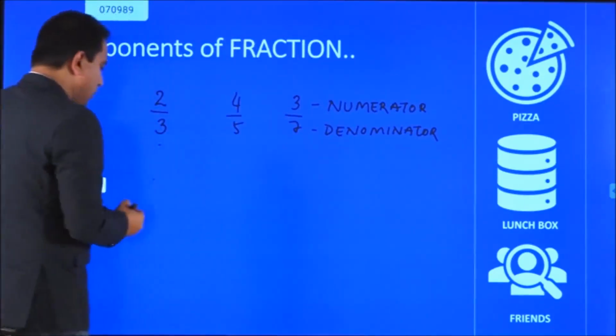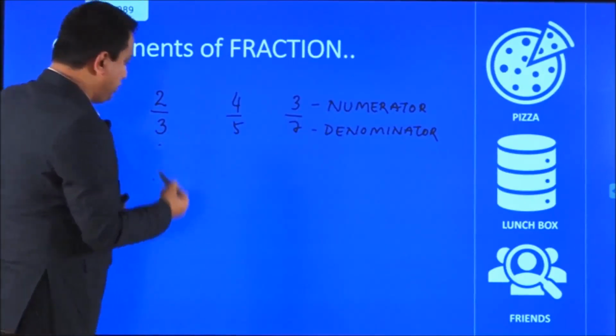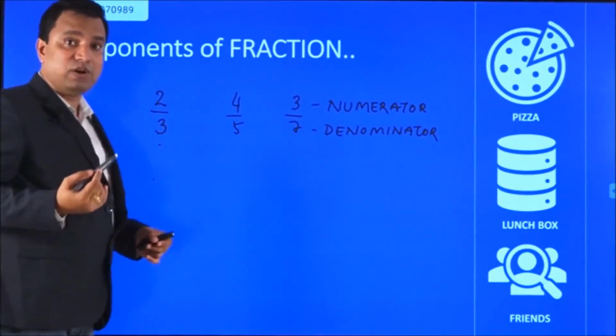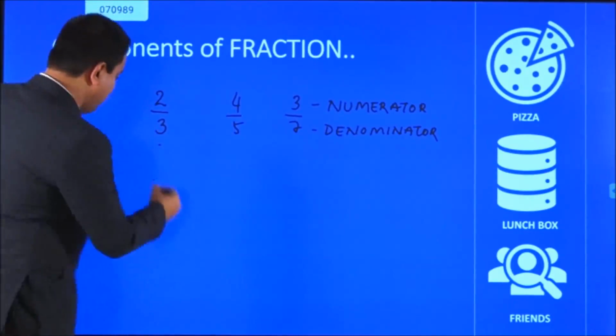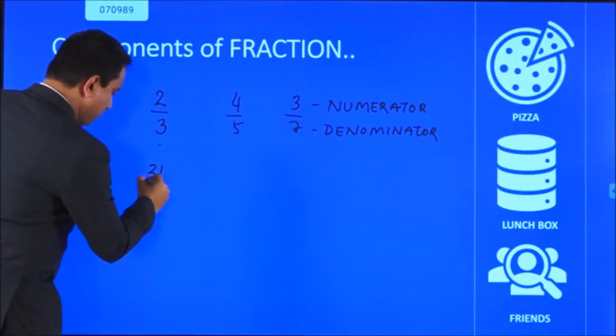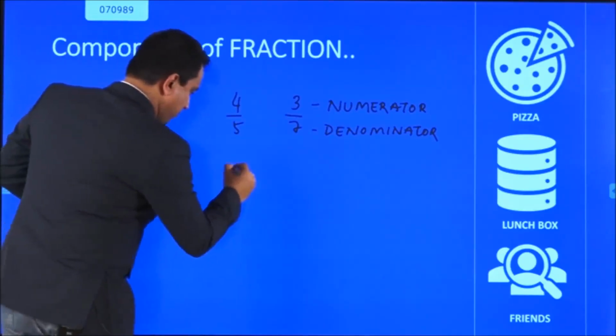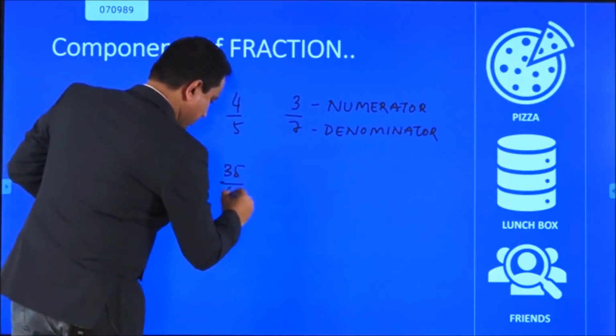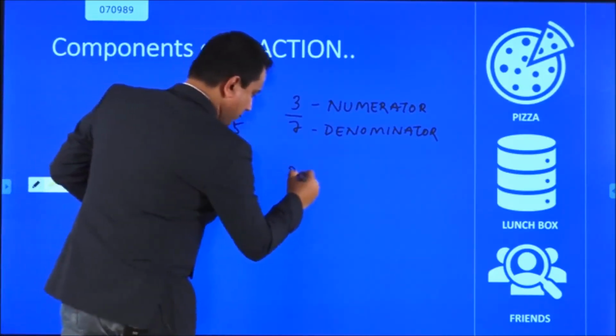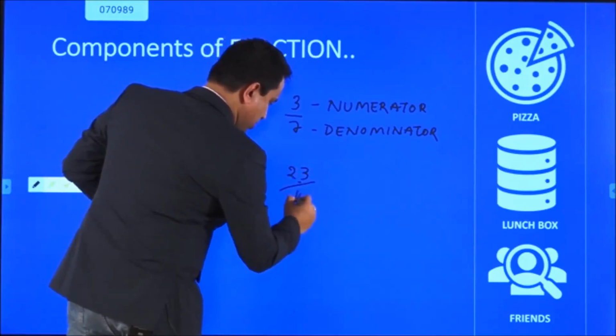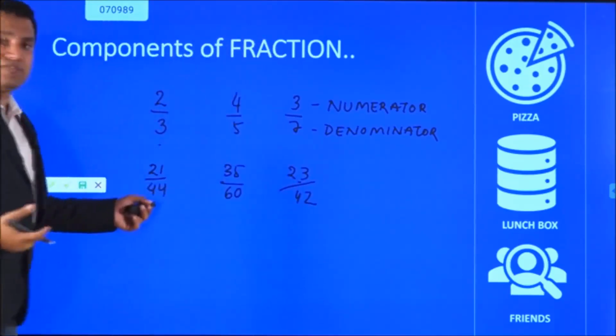Now let's see some 2-digit numbers as well. Even a fraction can have 2-digit numbers. For example, 21 by 44, or 35 by 60, or 23 by 42. Those are also fractions.